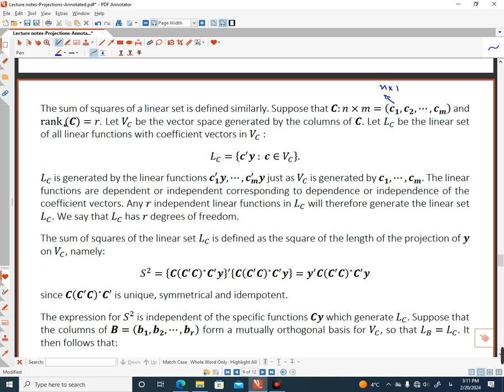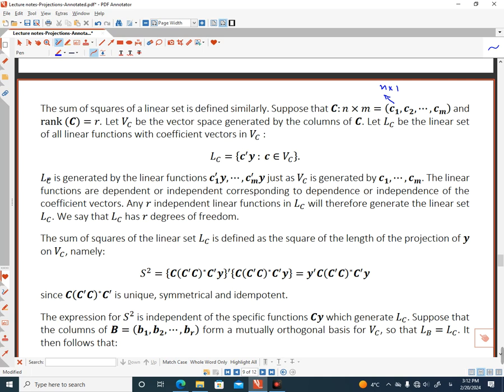And assume that the rank of C is equal to R. Further, suppose VC, the vector space, the column space, is generated by the columns of C. And let's see LC, the linear set of all linear functions, is defined this way. So I define the linear set as any linear function of y which the coefficient belongs to this vector space.